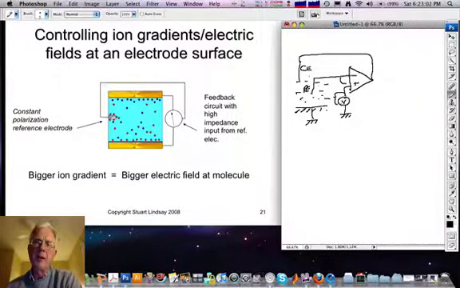In other words, if this were connected directly to ground, then the working electrode and the reference electrode would be at exactly the same potential.